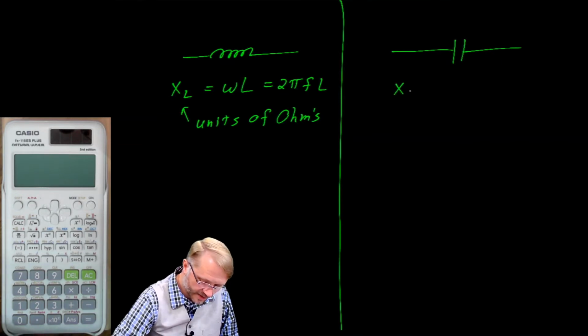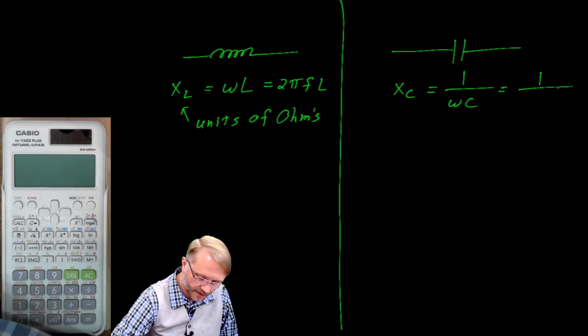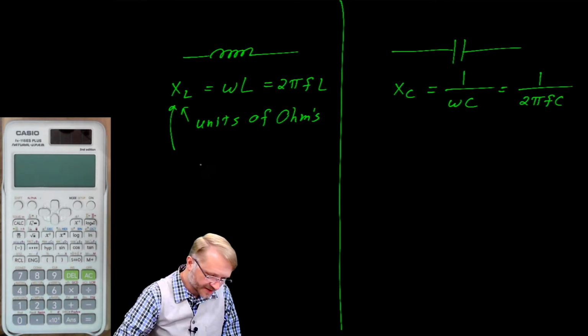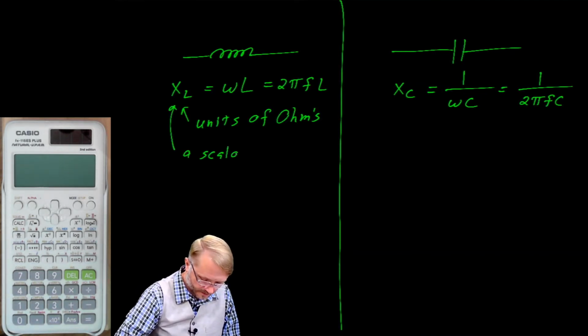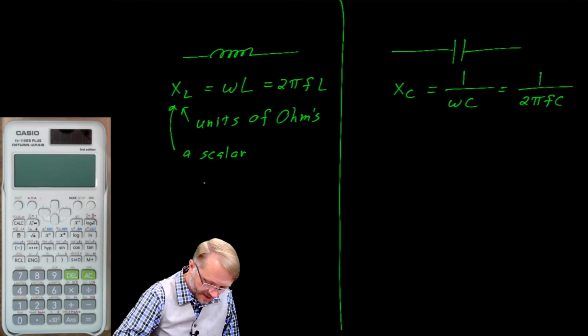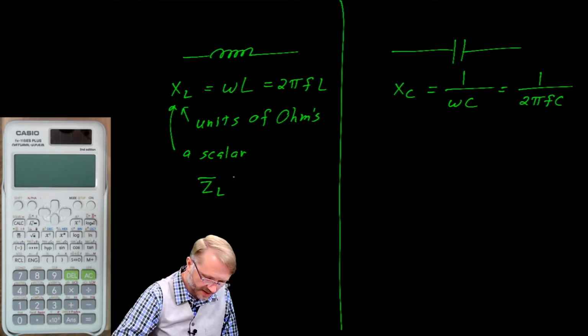The capacitive reactance is 1 over omega C, which is also equal to 1 over 2 pi f C. Another thing to remember is that this is a scalar. And you also knew that because there was no bar over that. We are most interested in the vector. So we want to talk about the impedance of the inductor, and that is jXL.